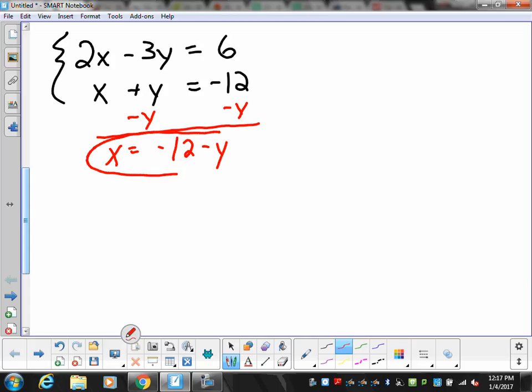And again, you could take that and change that to negative y minus 12. It's the same answer. Okay, so I found an expression for x that we can plug now into that first equation. So I'm going to take this value and plug in that x.